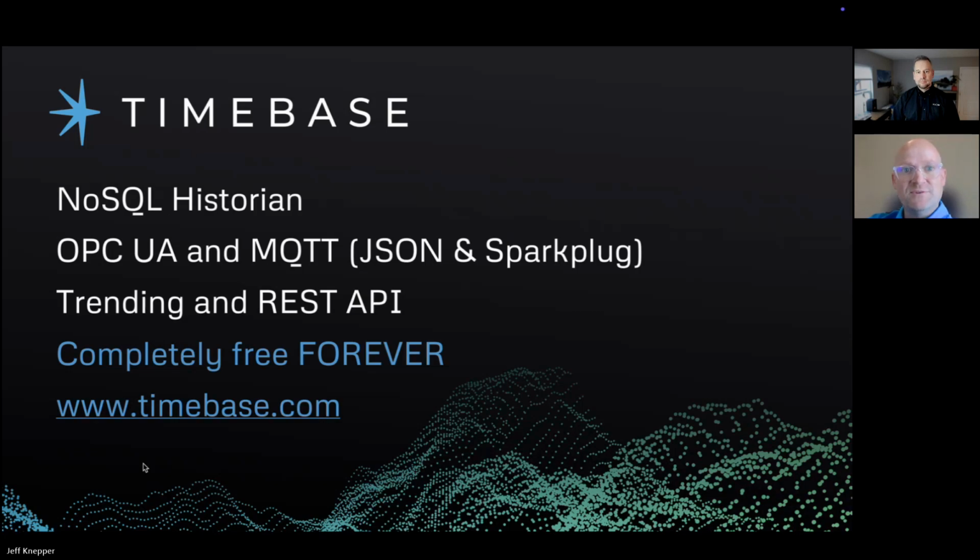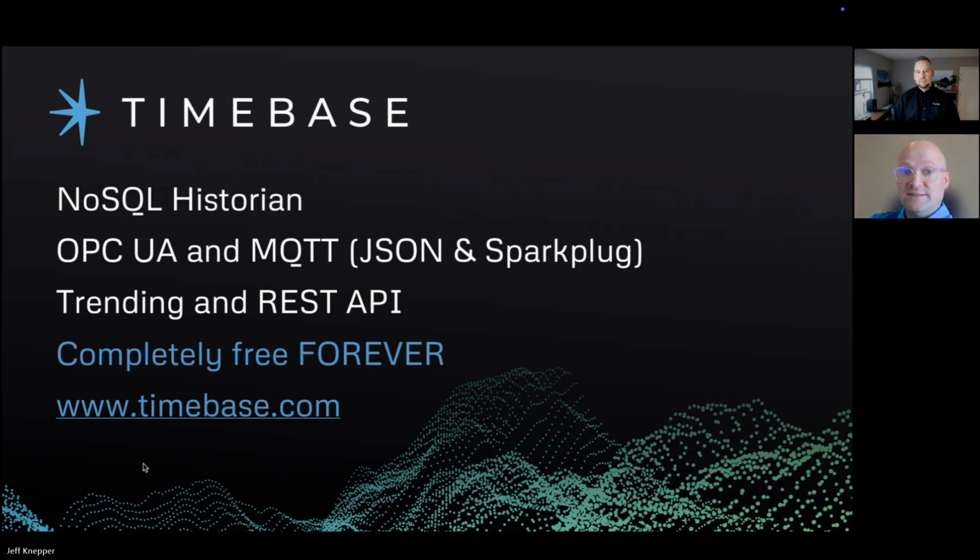So we have released a free time series historian that will be able to collect data from an OPC UA server or an MQTT broker. It supports basic JSON payloads as well as Sparkplug-B. It's a NoSQL technology, so we utilize flat file storage to store the data.